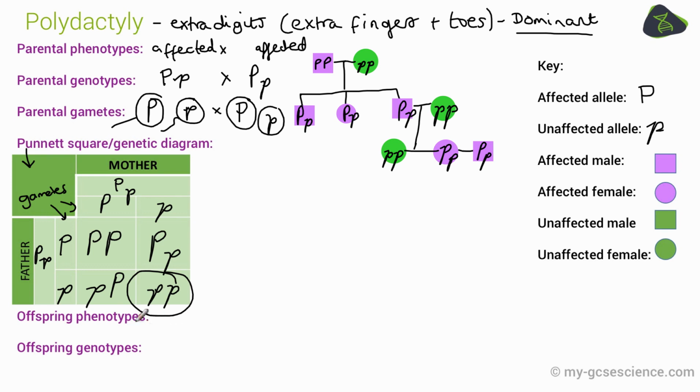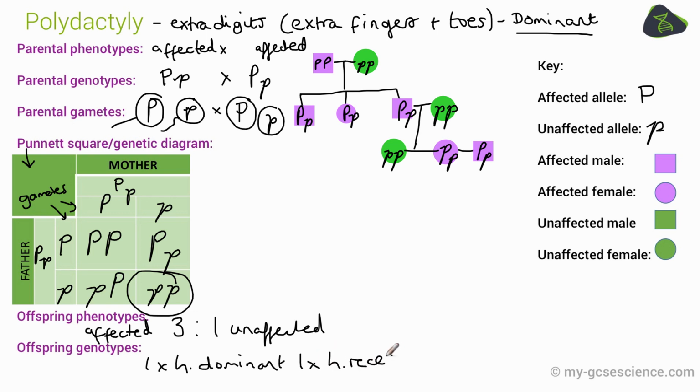So in terms of the offspring phenotypes, there are 3 affected to 1 unaffected. In terms of the genotypes, there is 1 times homozygous dominant, 1 times homozygous recessive, and 2 times heterozygous offspring.